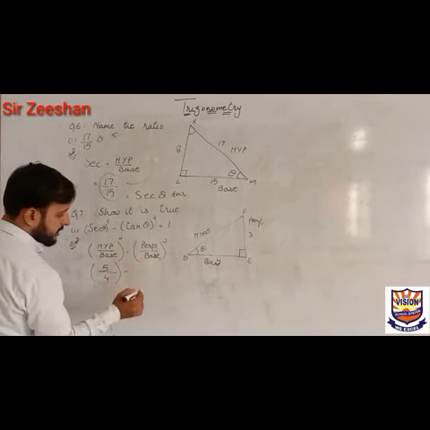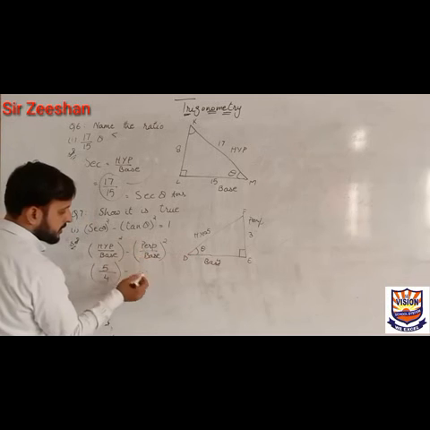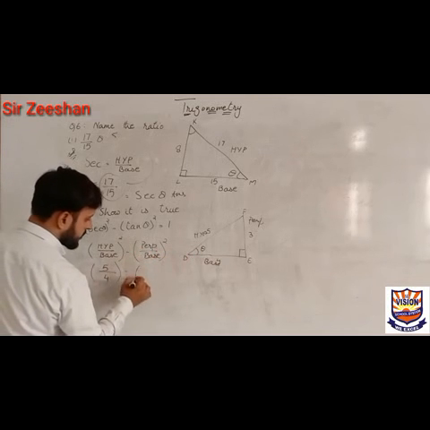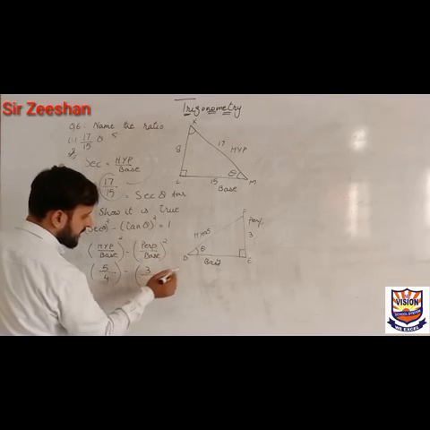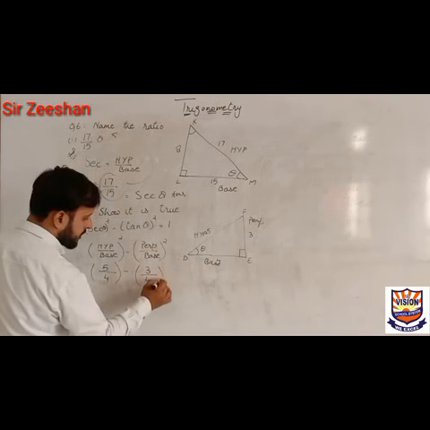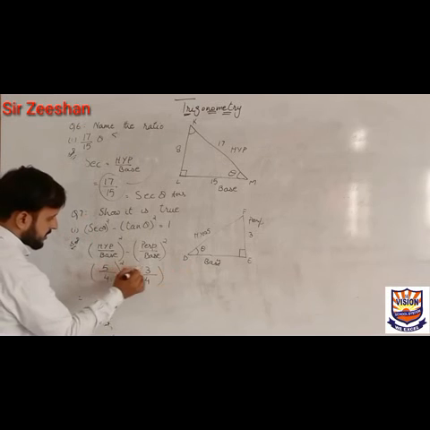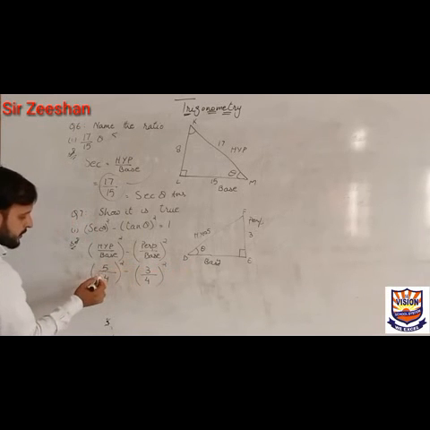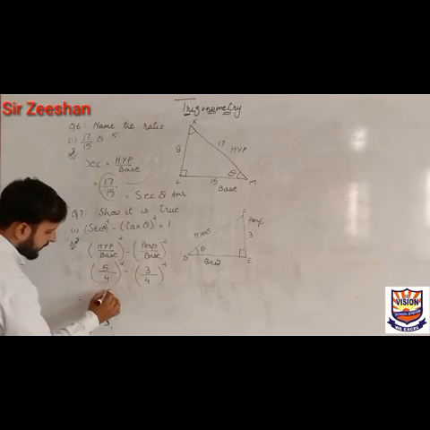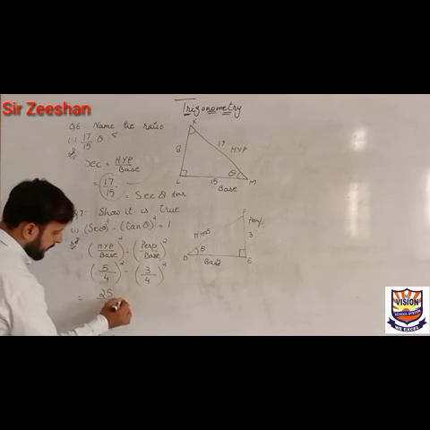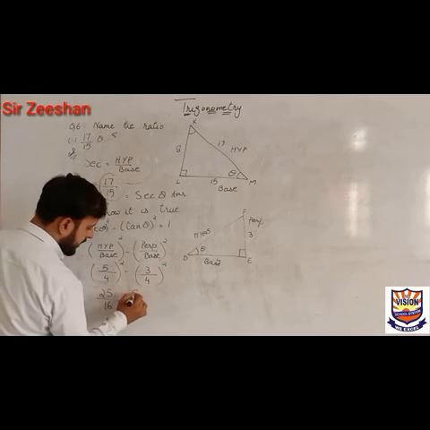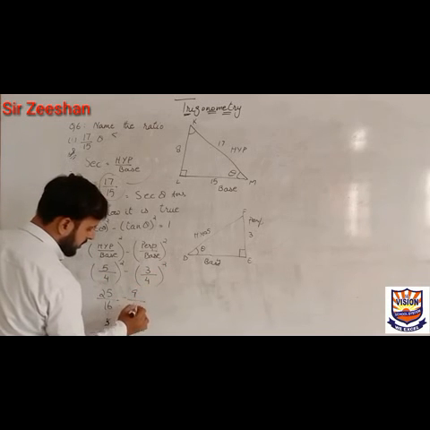Again, this will be minus, and here perpendicular is 3 and base is 4. So let's take out their squares, as there is square on them. So this will be 25 upon 16 minus 9 upon 16.